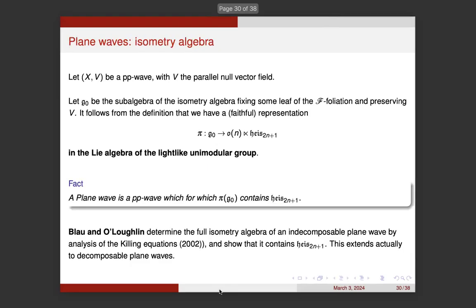Now if I have a pp-wave, so let (X, V) be a pp-wave with V the parallel null vector field.